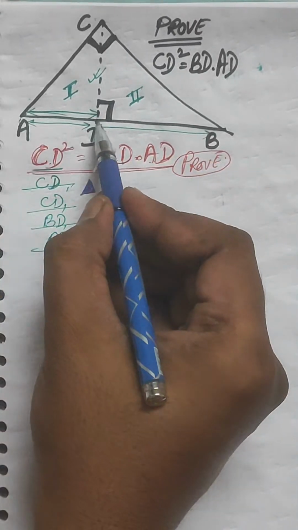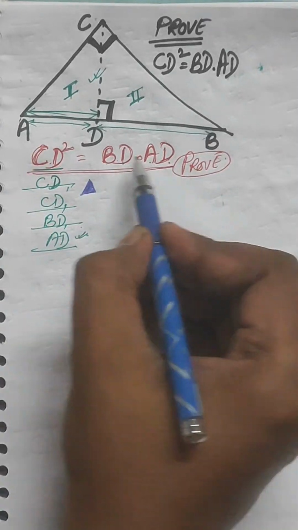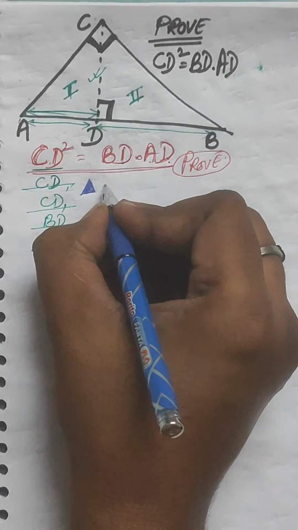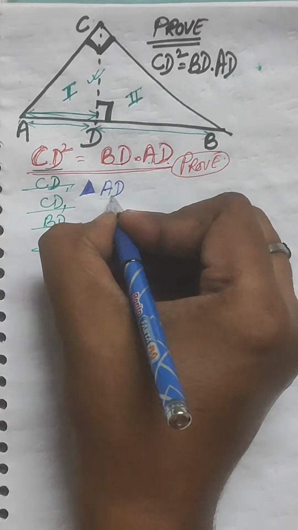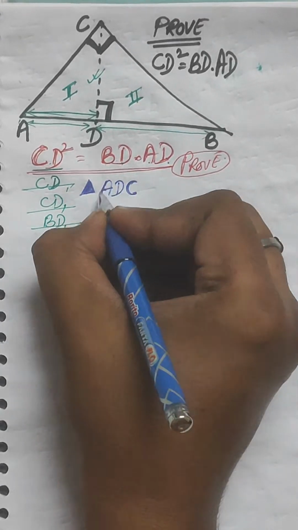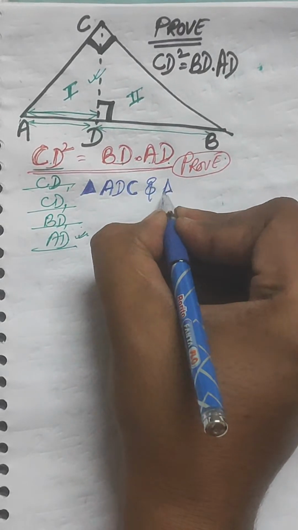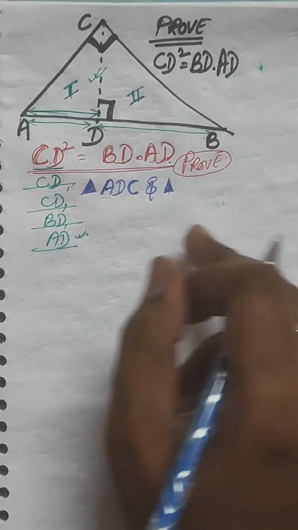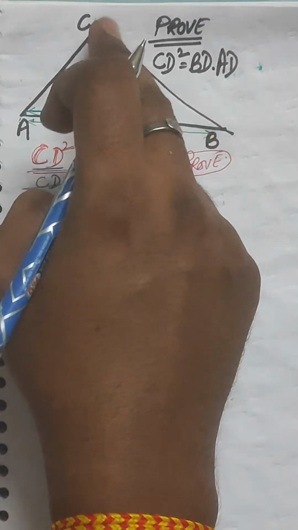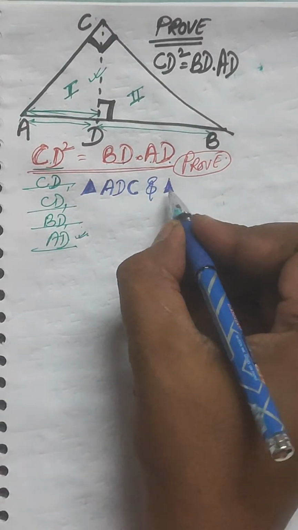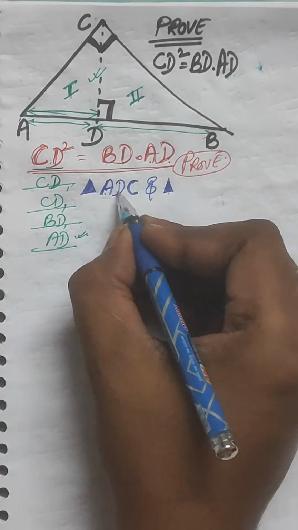In triangle ADC and the other triangle BDC, let us see how we decide the sequence.